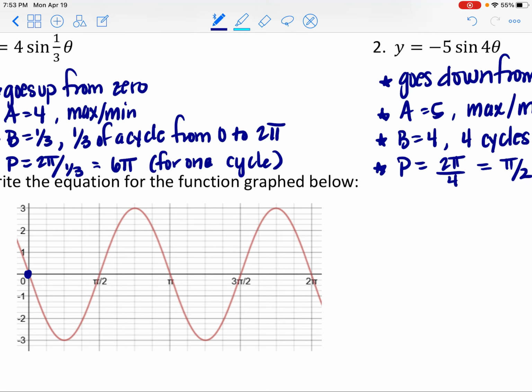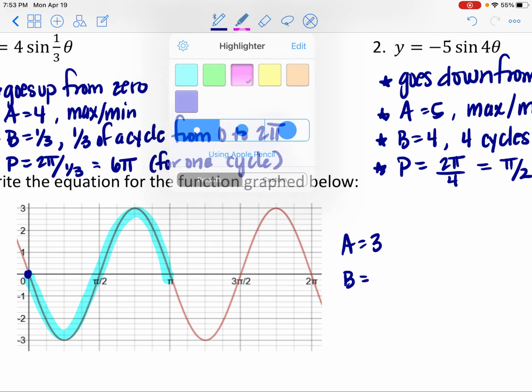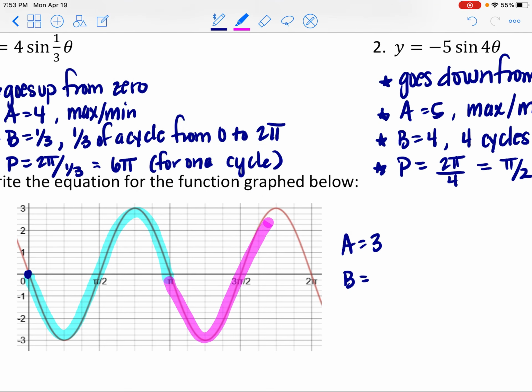So since the amplitude here is 3, let me call that A. I know the amplitude is 3. B is the number of cycles from 0 to 2 pi. Well, I can see one cycle that happened here, and then I can see a second cycle that happened here. And so from 0 to 2 pi, we have 2 cycles.